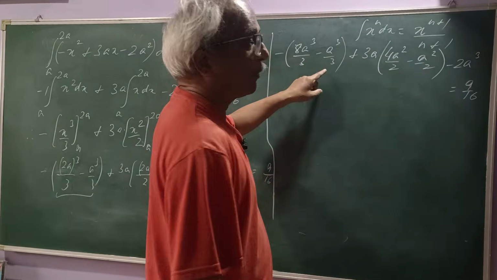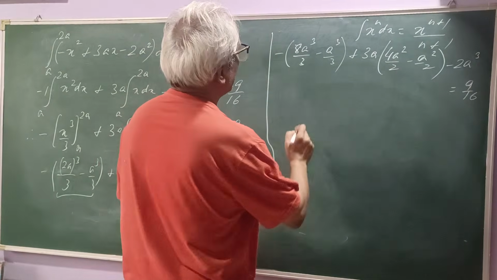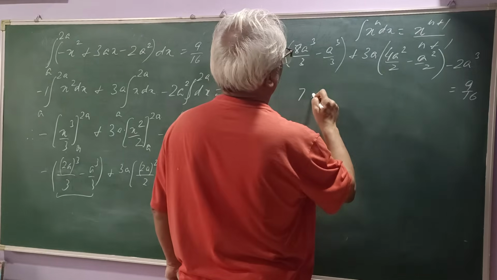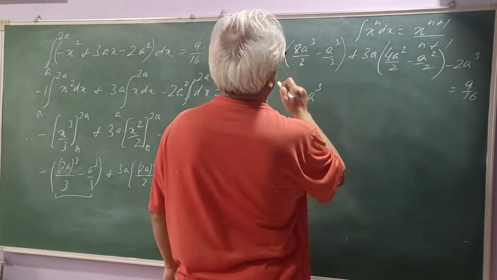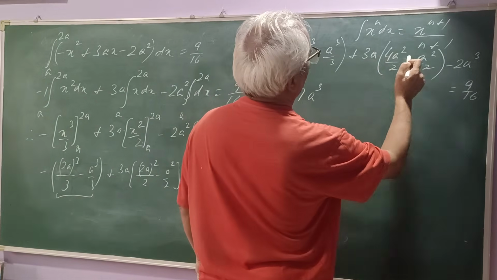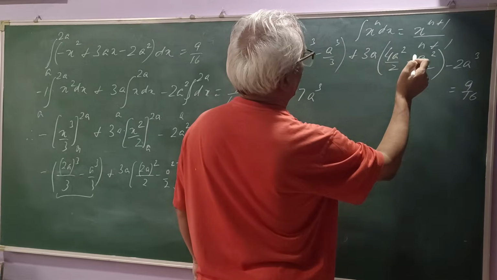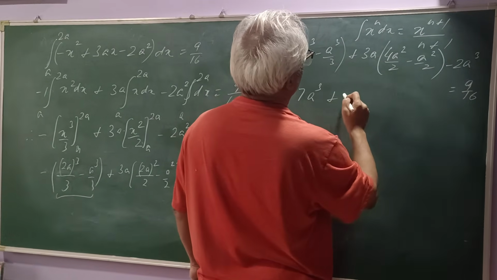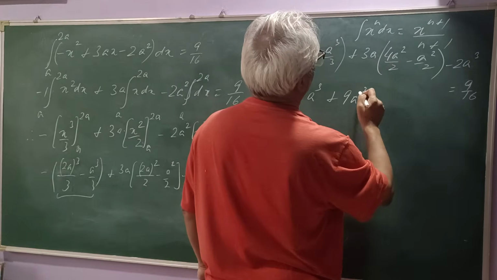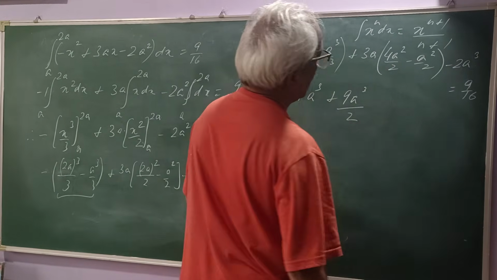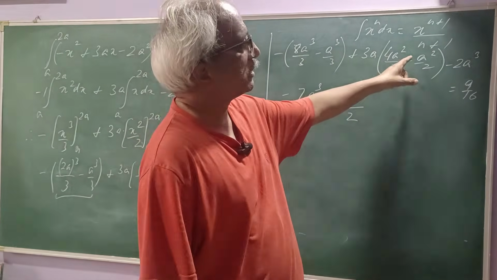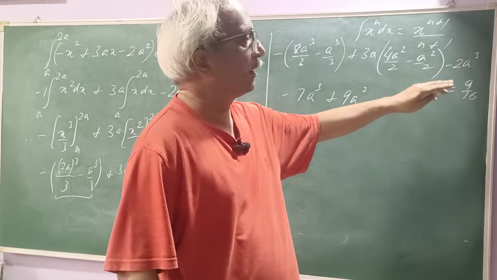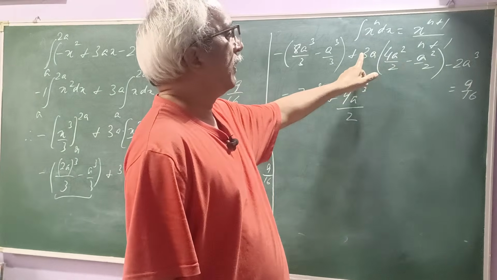Now 8a cube minus a cube is 7a cube, and there's a minus sign. Then 4a square minus a square is 3a square, so 3a square by 2 into 3a, that's 9a cube by 2.